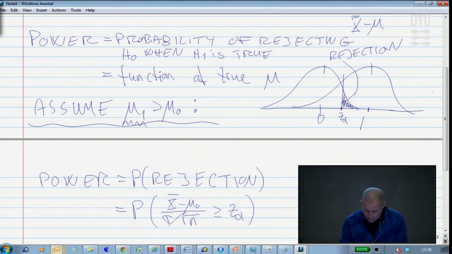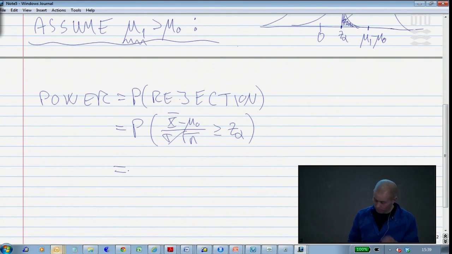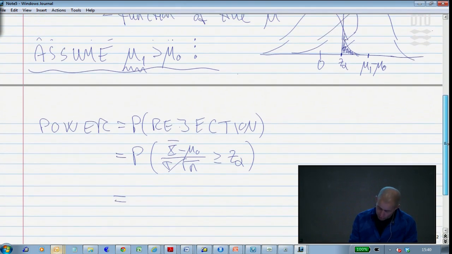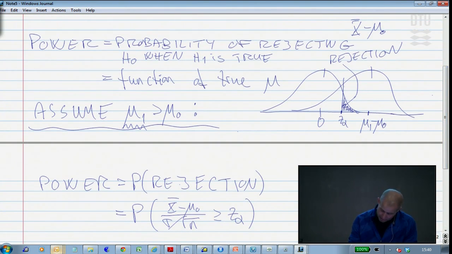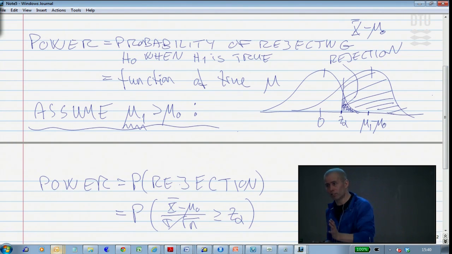What if I'm really at mu1 minus mu0 for the difference? What is then the probability of rejection in this case? Well, using this distribution, we should try to find the probability of being out here. You see, that's much larger, actually. If there really is an effect, the probability of rejecting will be larger.